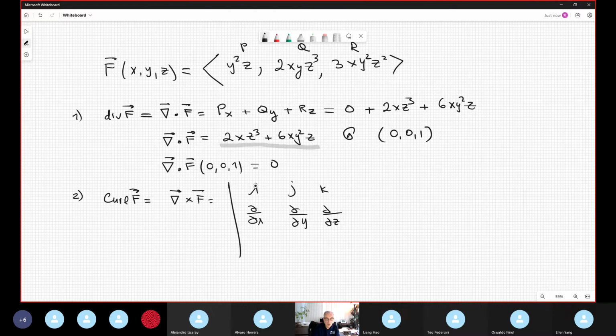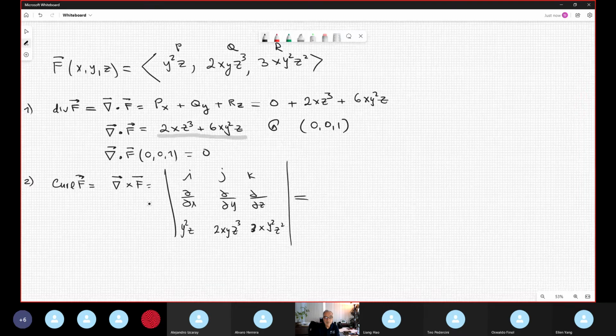And we have here P, Q, R, who is y squared z, 2xy z cubed, and 3xy squared z squared. I like this organization, guys. You copy i always, parentheses, minus j, parentheses, and k, parentheses.